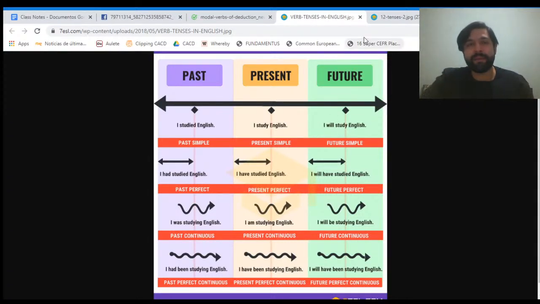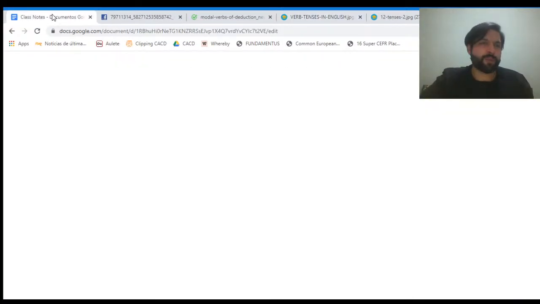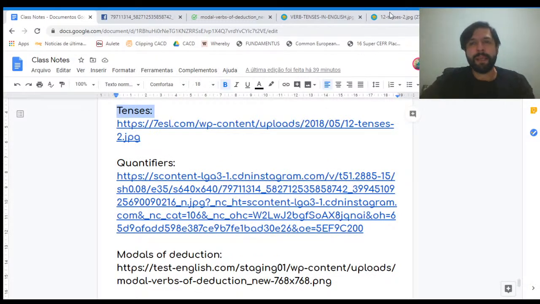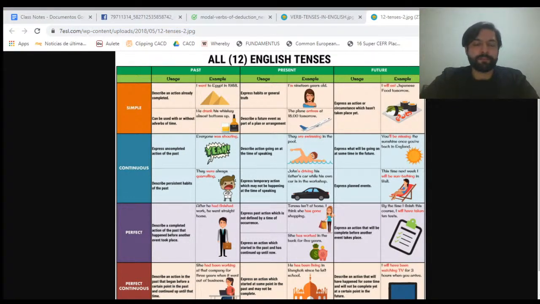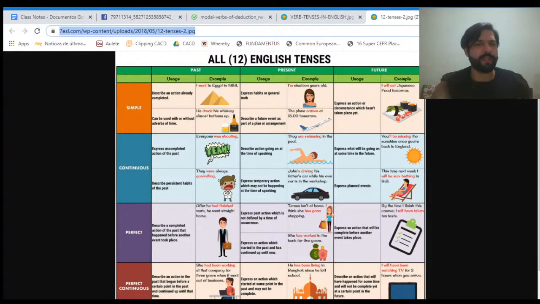Okay, I will send in the group. I have also posted it here in our things, but I'll send this picture in the group, that you may use if you wish during the test, maybe for checking.